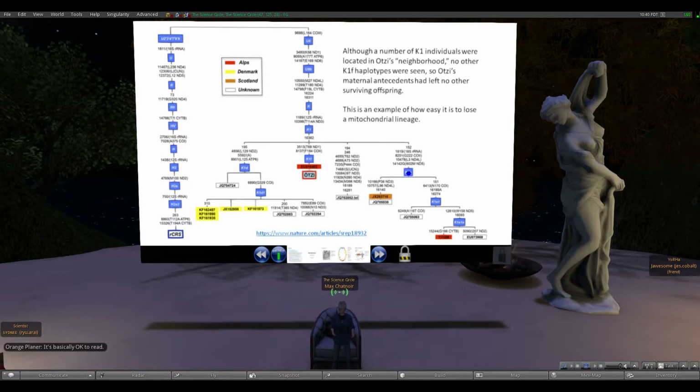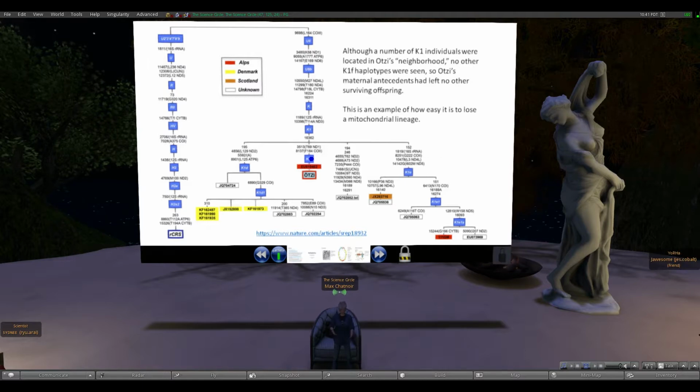Here's K1D1. Here's K1F. Sorry, K1E, K1E1, but there aren't any other K1Fs. So Otzi is the only remaining exemplar of his particular haplogroup, K1F.